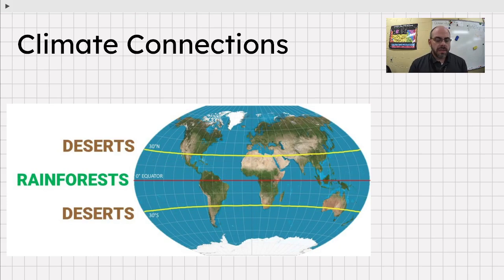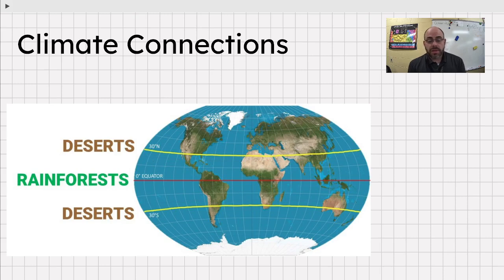So very, very common. And then on the other side of the deserts, you have warm air rising again, and that's where you have the temperate zones. Temperate zones have a lot more precipitation, but less extreme temperature, so that's why they're called temperate zones. You have cold winters and warm summers, typically in the northern hemisphere, because in the southern hemisphere there's not a lot of land.